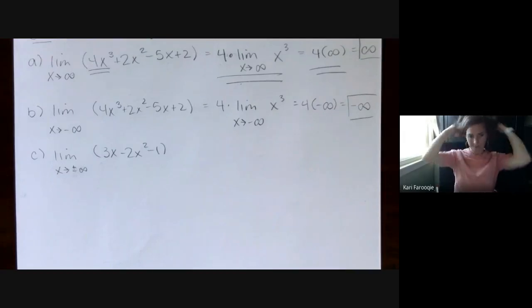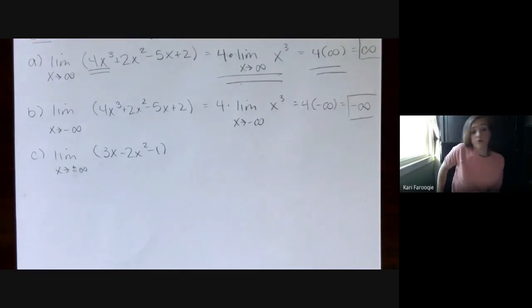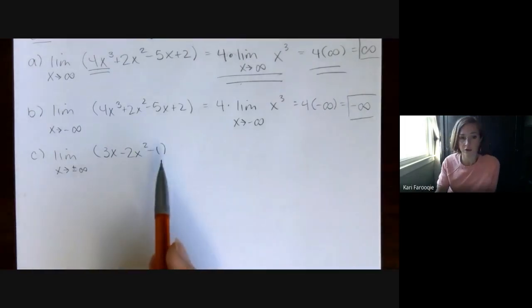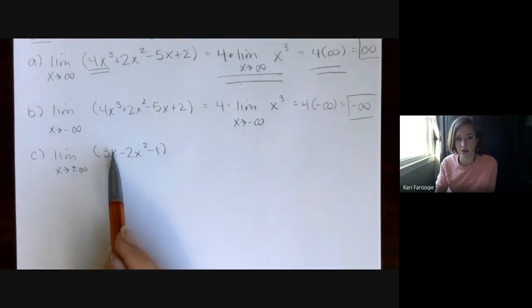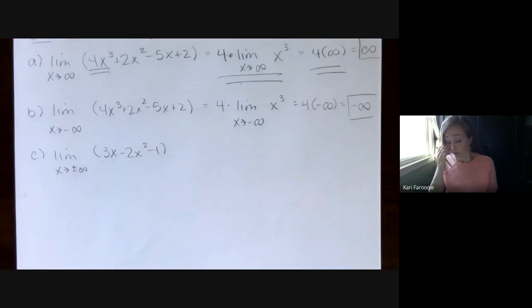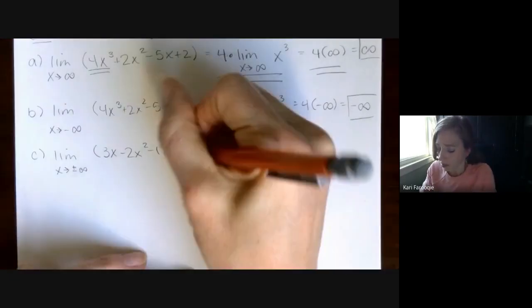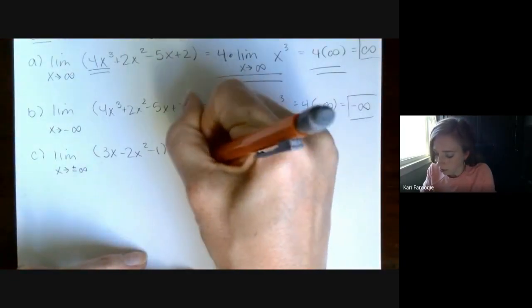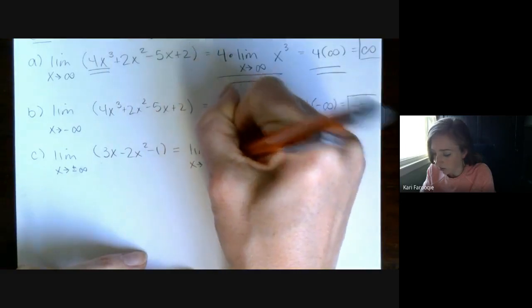Okay. Now, the big thing I want you to notice here is that your polynomial is not written in descending order. You have 3x to the first minus 2x squared, minus your constant term. If you're going to take this limit, we're going to have to rewrite your polynomial so that it is in descending order.